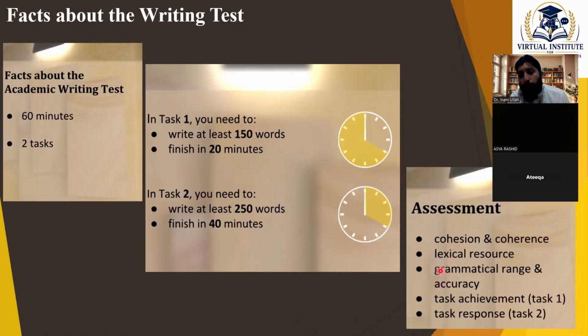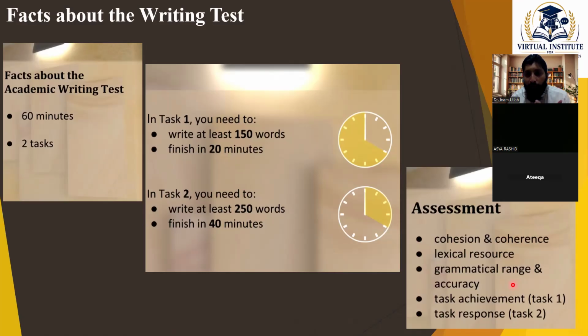Along with that, you will also be assessed on your grammatical range. For example, whether you are able to use simple sentences, complex sentences, compound-complex sentences, simple compound sentences and other types of sentences, whether you are able to use active voice or passive voice accordingly, whether you are able to use your tenses well or not. So this is what you call grammatical range. And it's not only about grammatical range, but the accuracy as well.